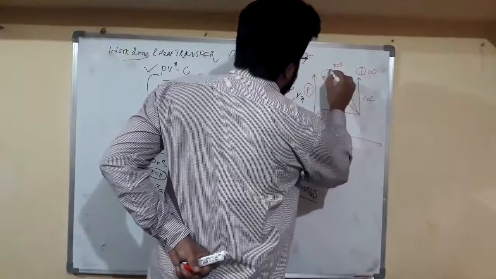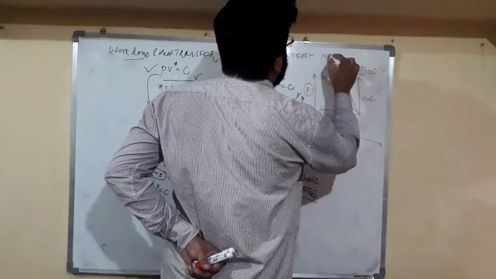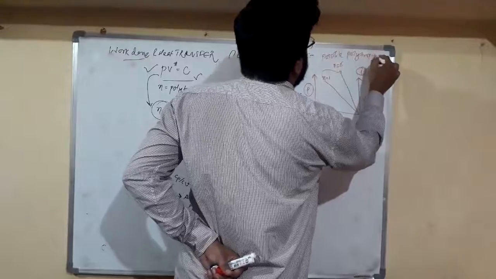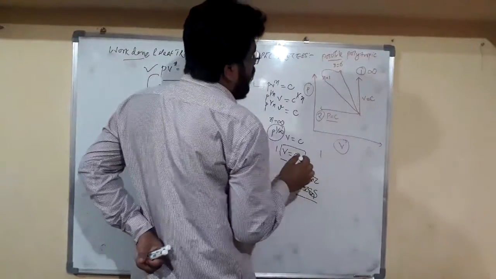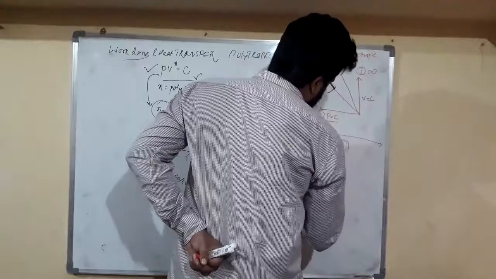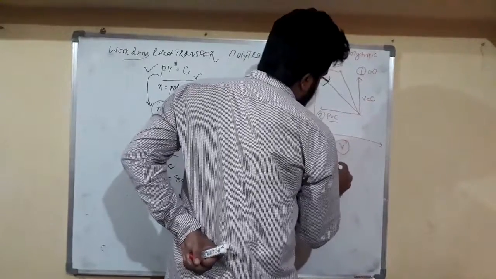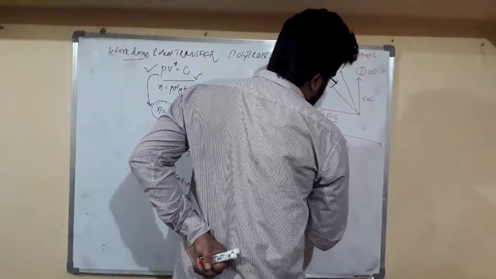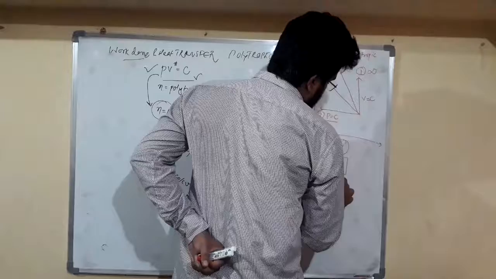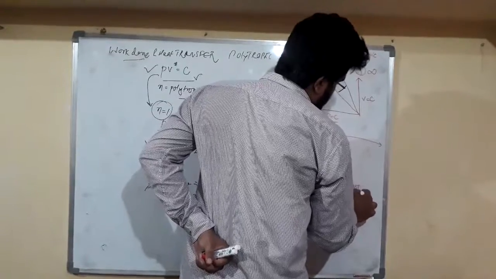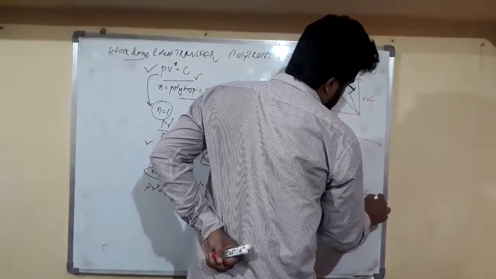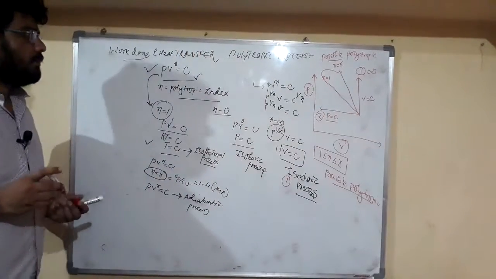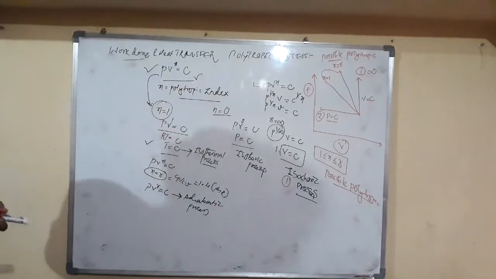Here, the value of n is greater than 1 but less than gamma, and these are our possible polytropics, which we will find from this PV diagram.